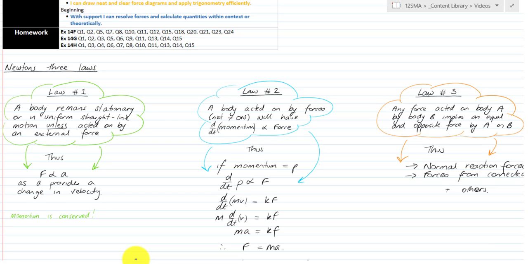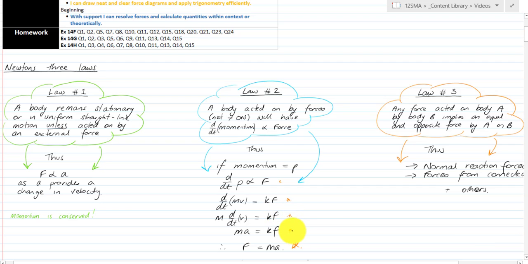Law number 2: a body acted on by forces will have its rate of change of momentum proportional to the force. So we say that momentum, which is P, has a rate of change proportional to force. We can follow this process and end up with force equals ma. You've probably heard of force equals ma, maybe in physics. This is where it comes from. The rate of change of momentum is proportional to force, so d/dt of momentum equals k times F, which means m dv/dt equals kF, which means ma equals kF.